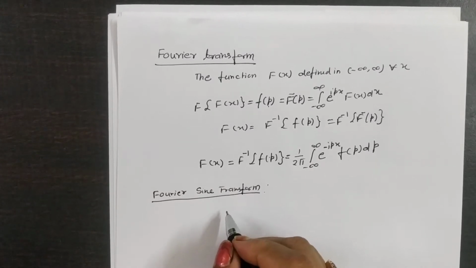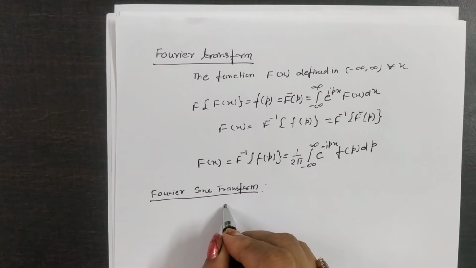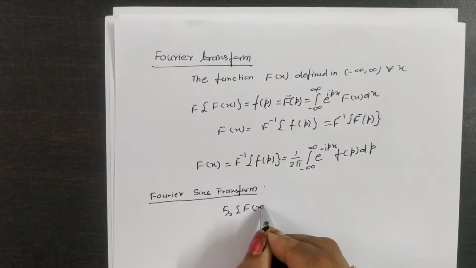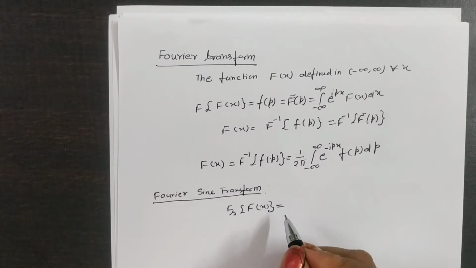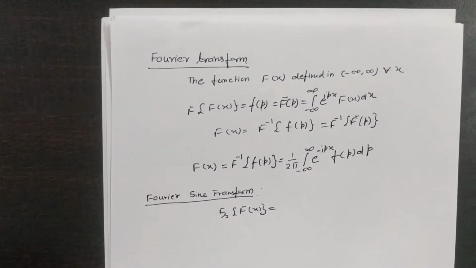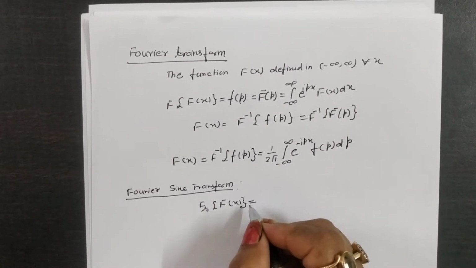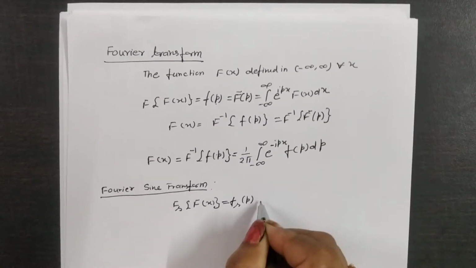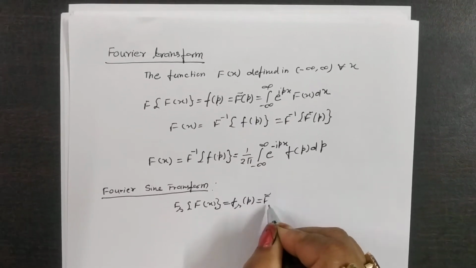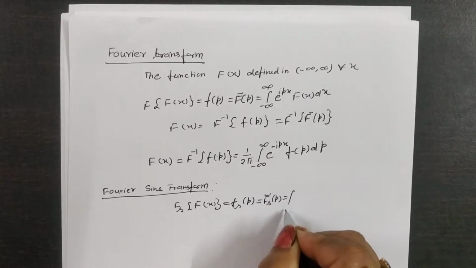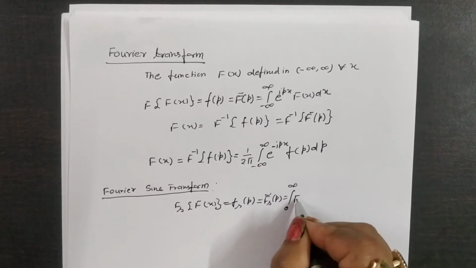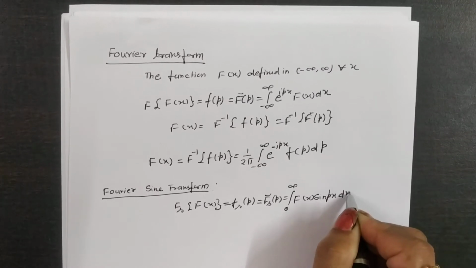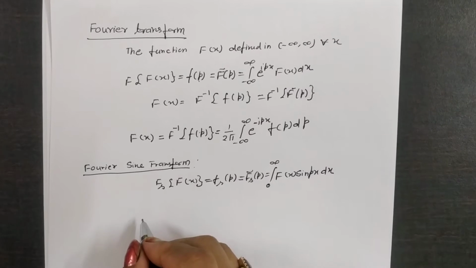We use the symbol F s of p for f of x, which is equal to the integral from 0 to infinity of f of x sin px dx. This is the Fourier sine transform.